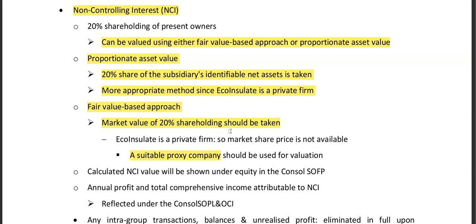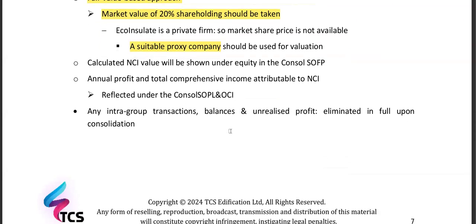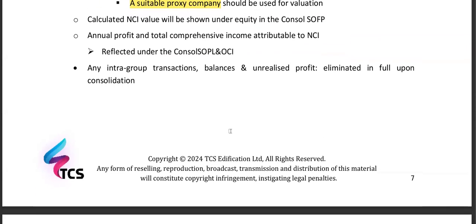So the parent company could argue that the value is lower, and the investee, that is the Eco-Insulate shareholders, can argue that the valuation is higher. So obviously there could be some conflicts, and that is why the proportionate asset value could be a bit more straightforward approach.